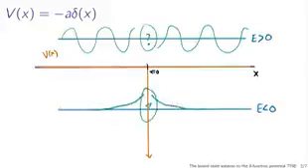And in this lecture, I'm going to focus on the bound state, the state where the energy of the state is less than 0. For the bound states, energy less than 0, if we're looking away from x equals 0, then we know v of x is equal to 0.